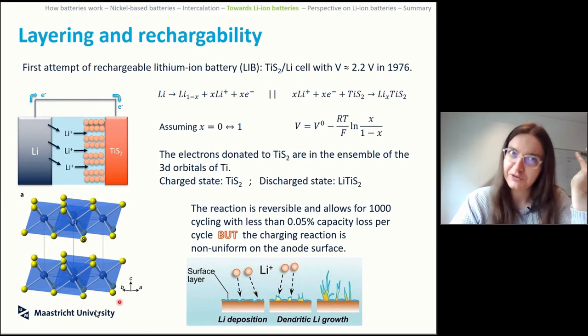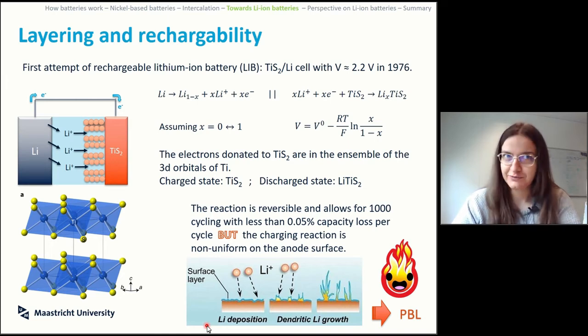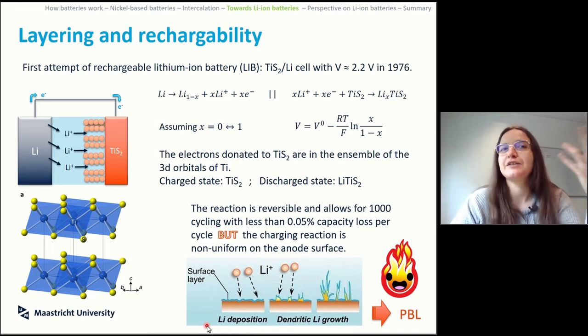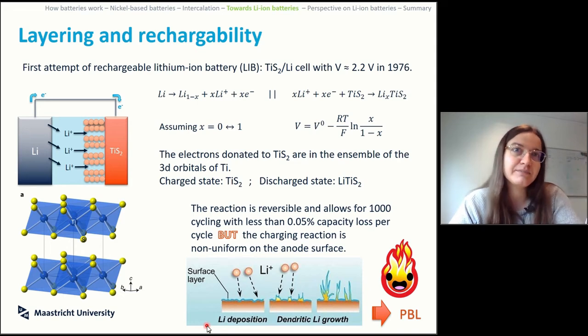By nature of not being uniform, it can form some very weird stuff, and this is the infamous reason why this thing is not the way we do batteries. It has a severe risk of catching fire, so you do not use this. So it was a very nice proof of concept in the 1980s, but it was basically shelved away from actual use for proper technology because it's unstable. So you risk fires, you don't want to do this.